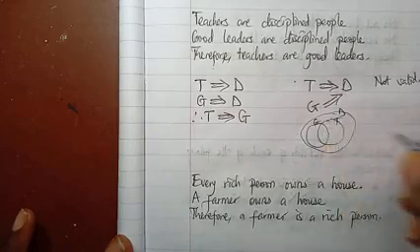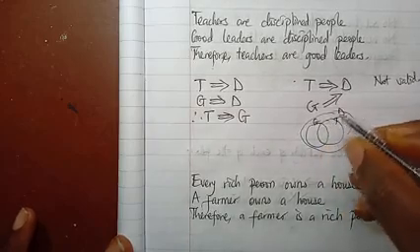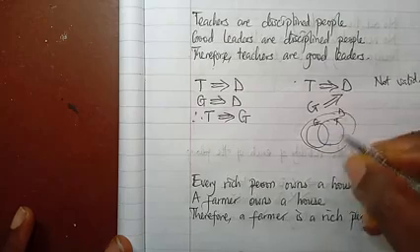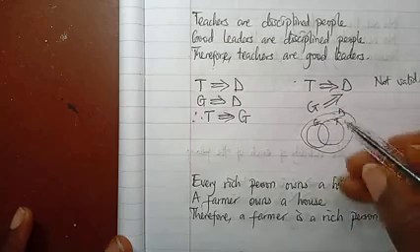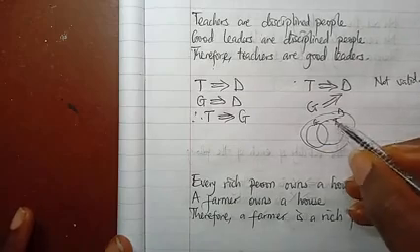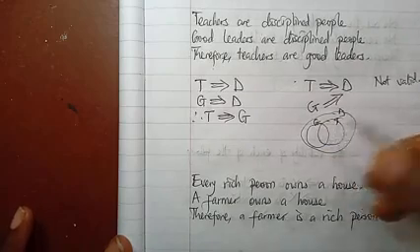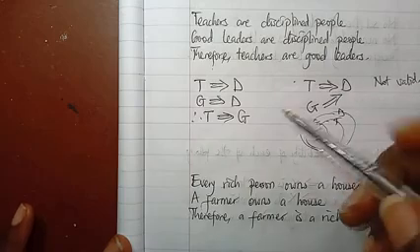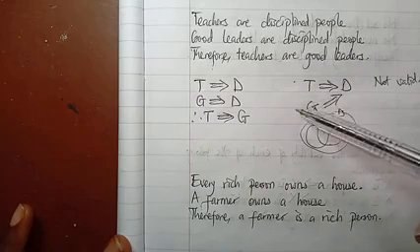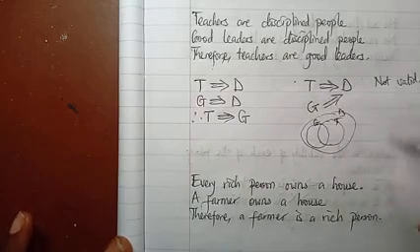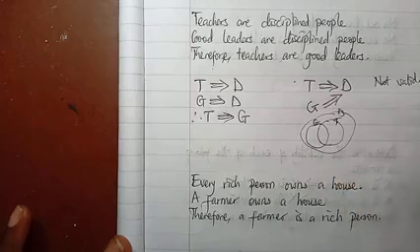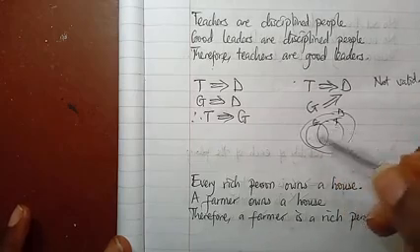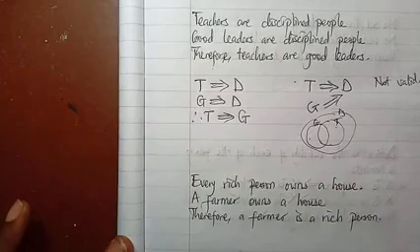Good leaders are disciplined people, teachers are disciplined people. So is it safe enough for us to say that teachers are now good leaders? It may not be so, because it doesn't follow that every teacher is a good leader. It doesn't follow that chain. There are some of them that are outside the brackets.